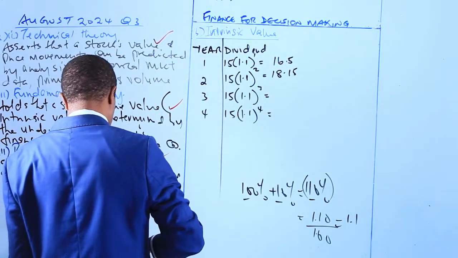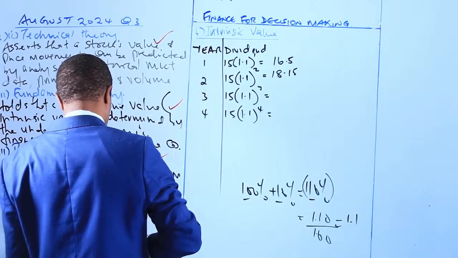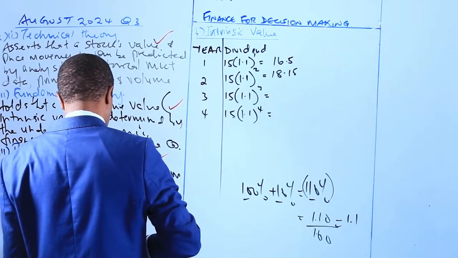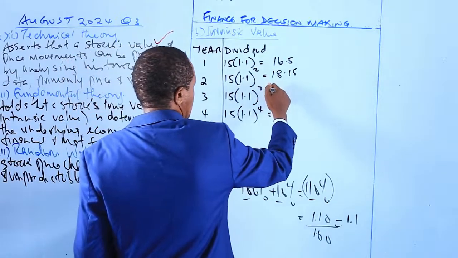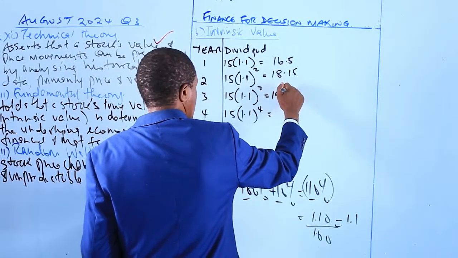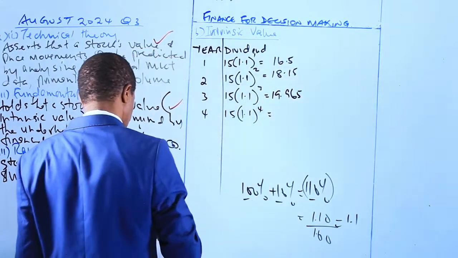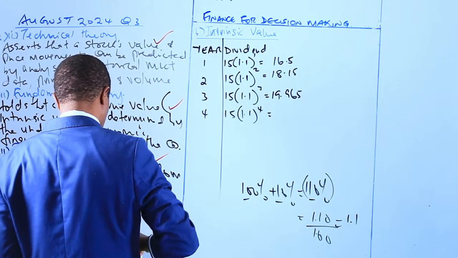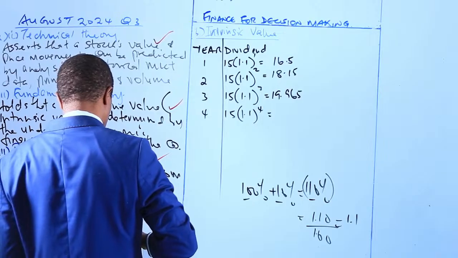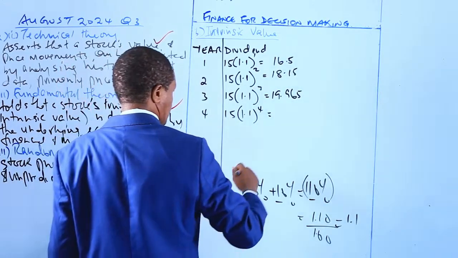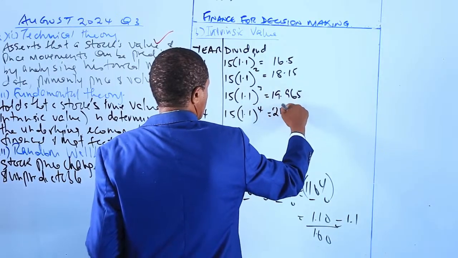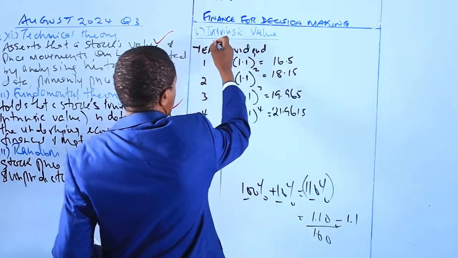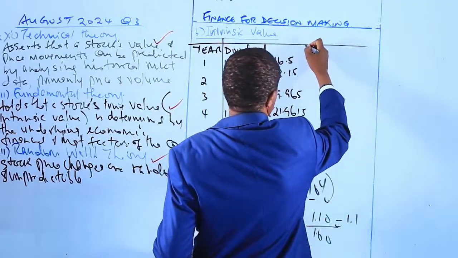Then I have 15 times 1.1 raised to 3. This is 19.965. Then lastly I have 15 times 1.1 raised to 4. 21.9615. These are the dividends.